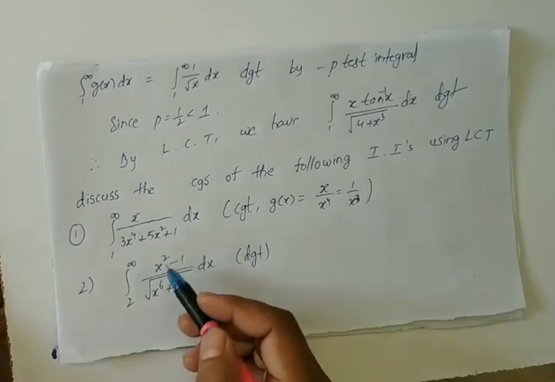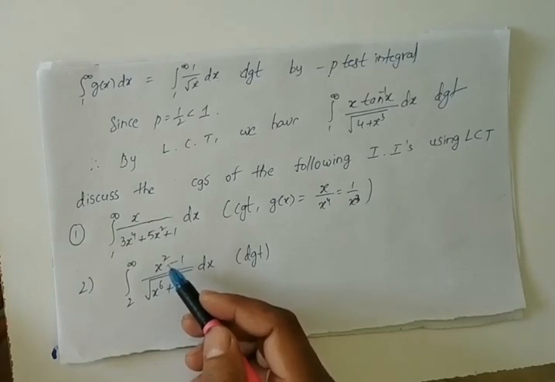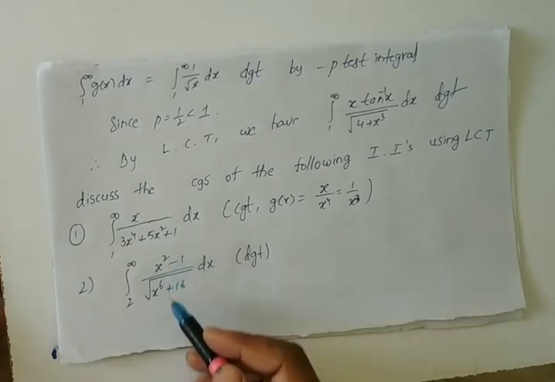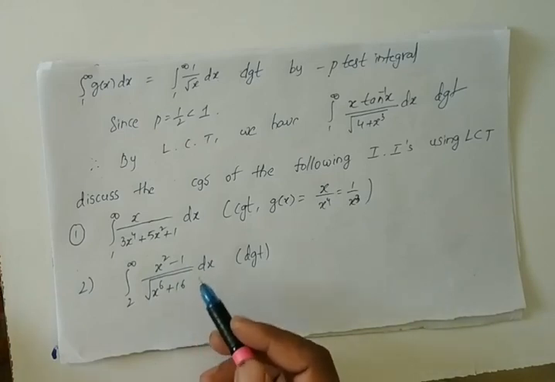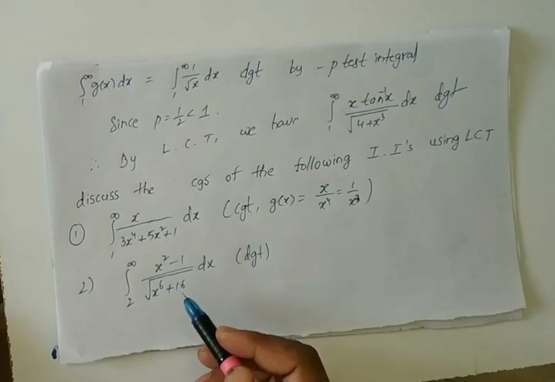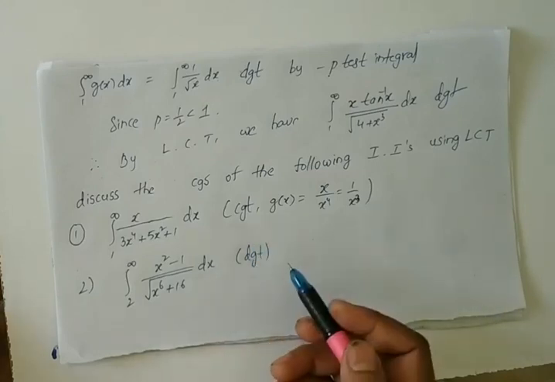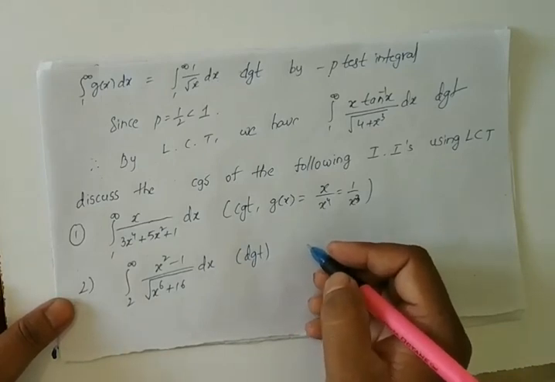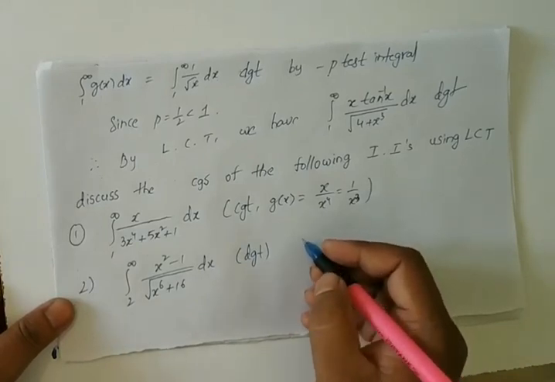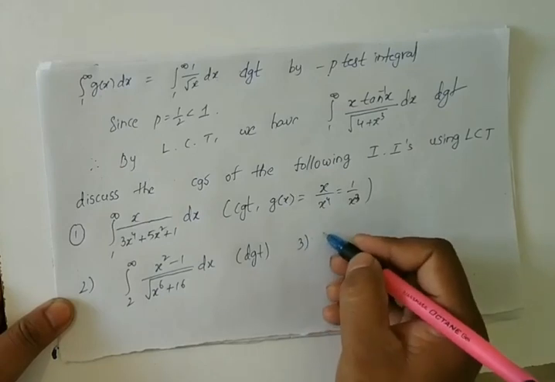In numerator, what is the highest power of x? x square. In denominator, square root of x power 6 is nothing but x cube. x square by x cube is nothing but 1 by x. That is g of x. Do it, students.